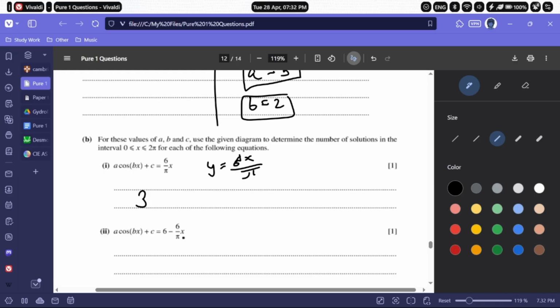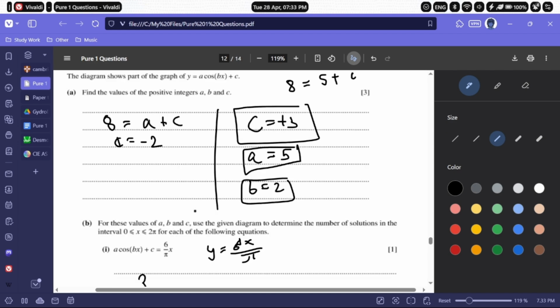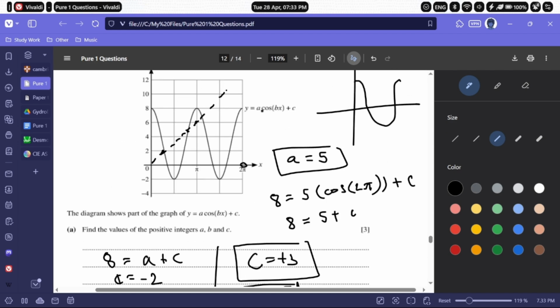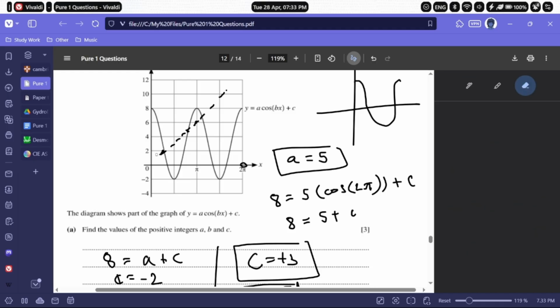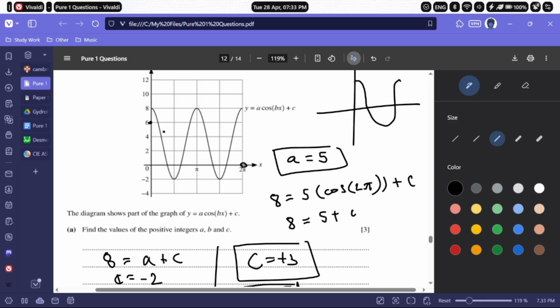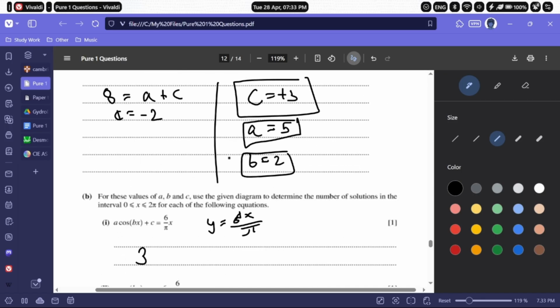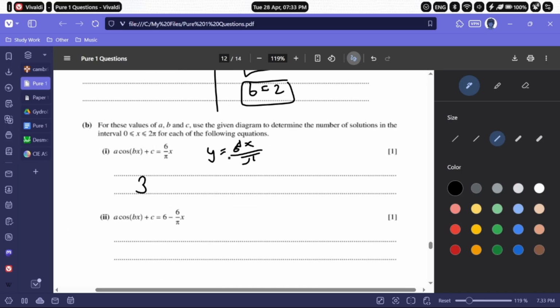Now again, for this, you can think of it as a linear function. The slope is negative, and the y-intercept is 6. Wait, let me just erase this line over here. So this is your y-intercept. When x is equal to pi, that's when you get 6 minus 6, right?